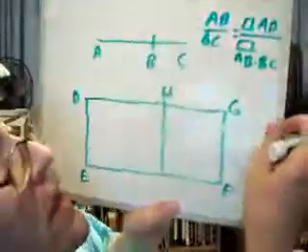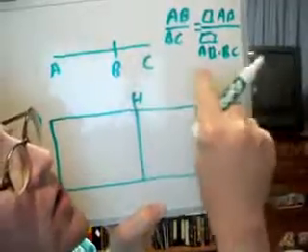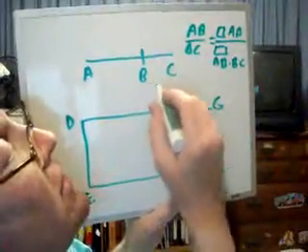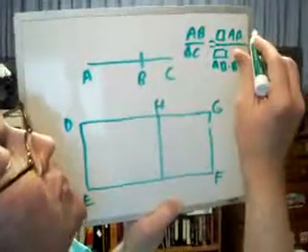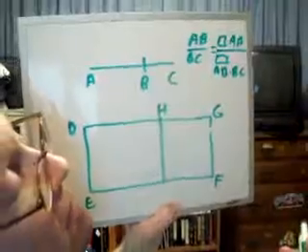Okay, so now we're going to form a ratio. And this here is the ratio. So as line AB is to line BC, so is the square on AB to the rectangle AB and BC.